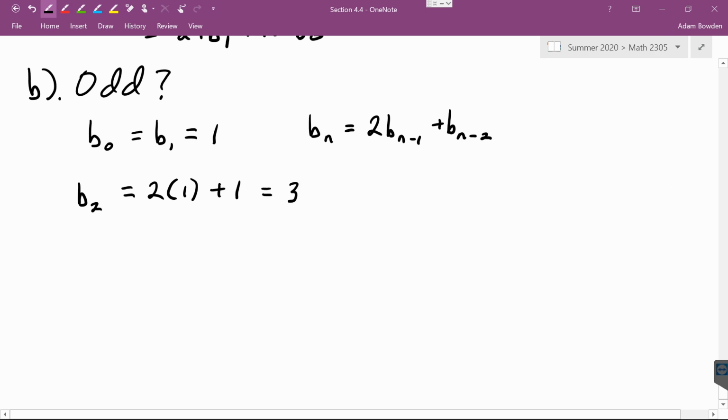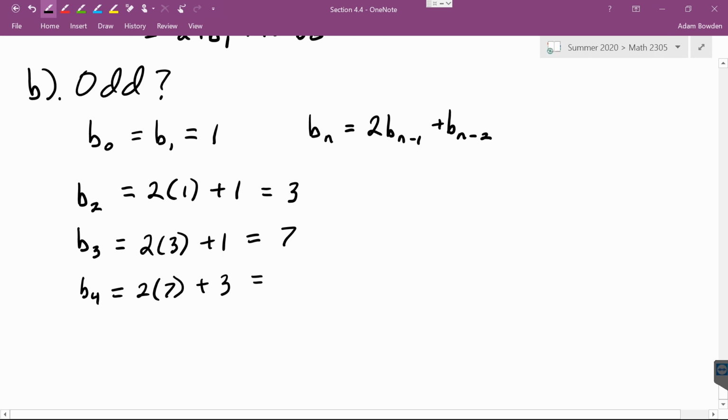And b sub 3 would be 2 times 3 plus 1, so that would be 7. b sub 4 would be 2 times 7 plus 3.